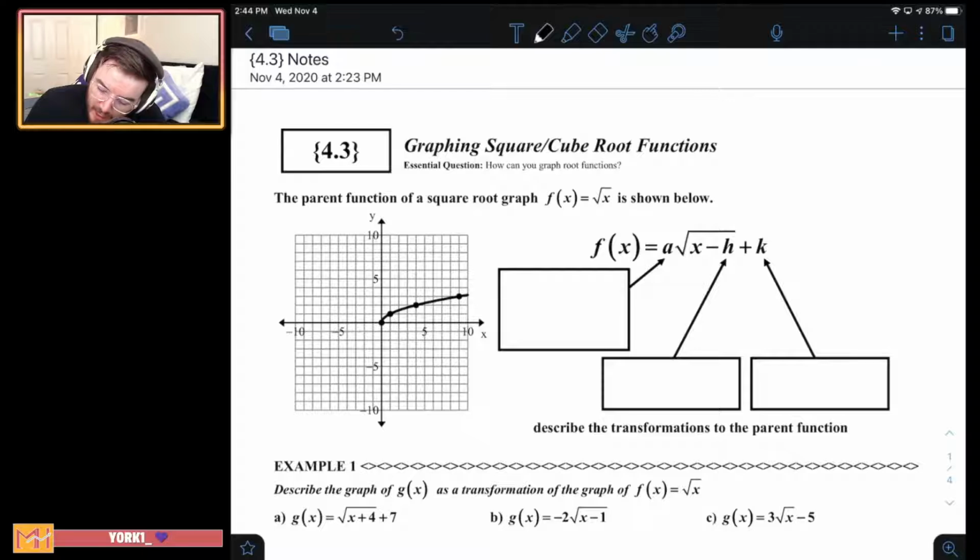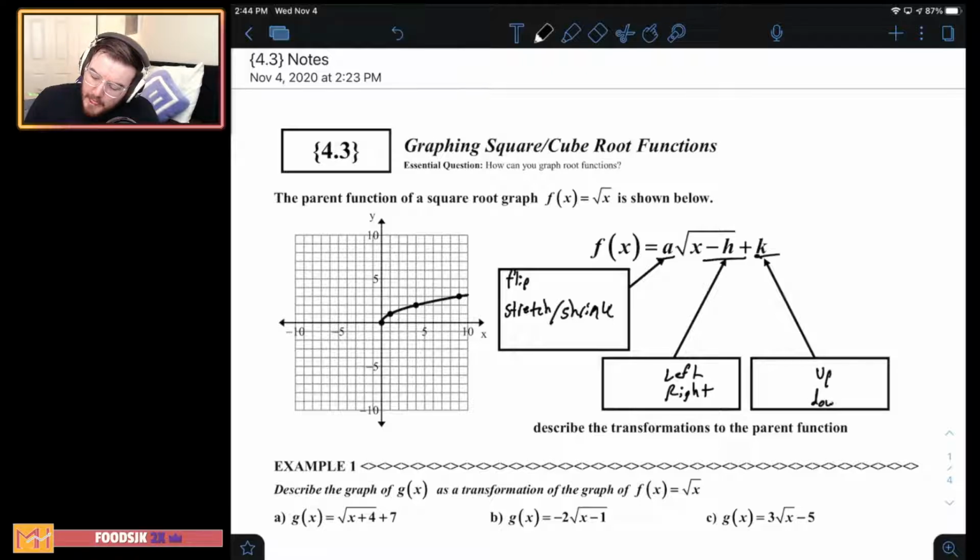The A value right here tells you whether you're going to flip or not, and whether it's a stretch or shrink. And this H value is the horizontal movement. It tells you whether you're going left or right. And this K value is telling you whether you're going up or down.